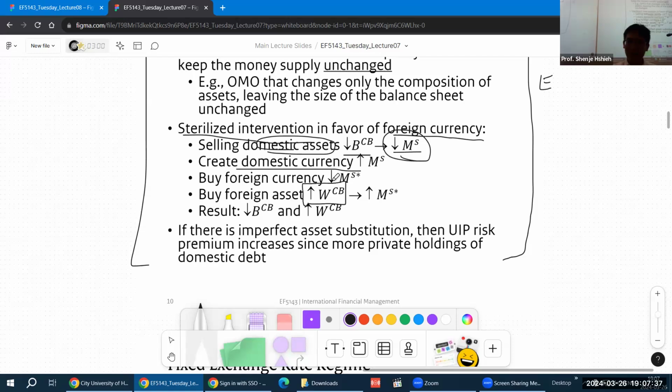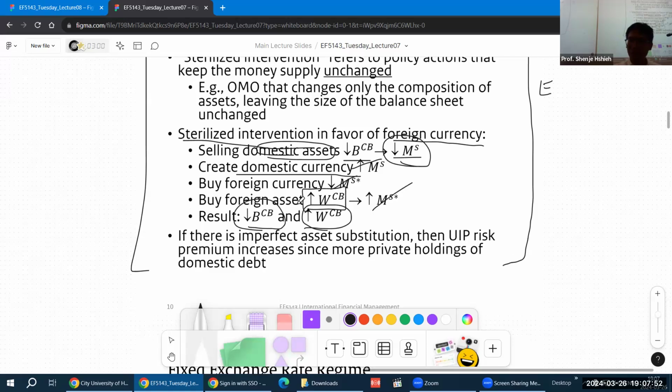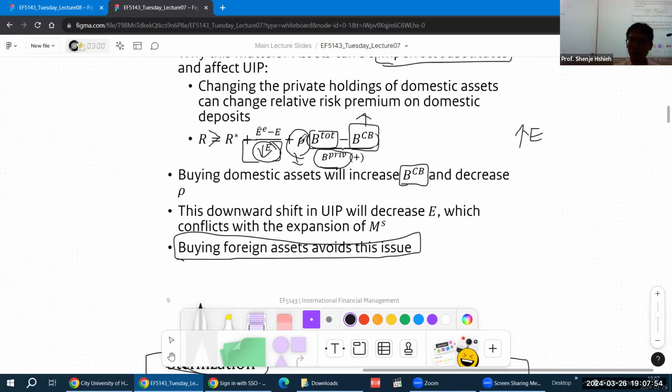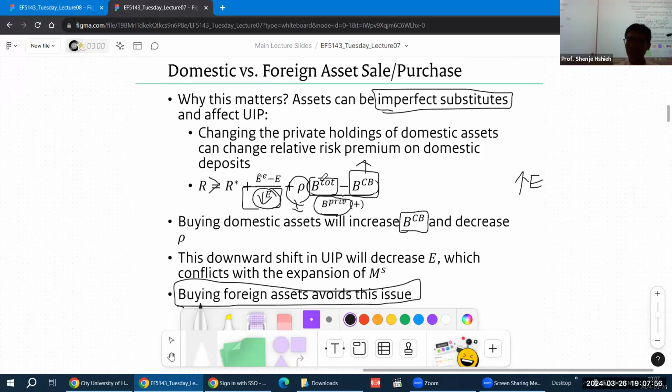So in the end, all the MSs cancel out. All you have is a decrease in BCB and an increase in WCB. So money supply doesn't change all around, but the composition of your balance sheet has. And with this change combined with the augmentation of the UIP, you can effect a change in E.